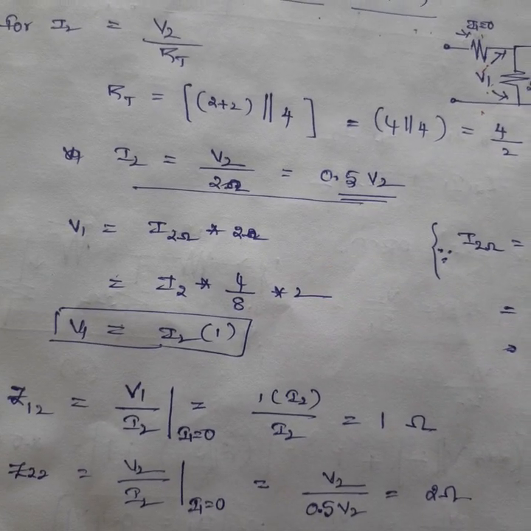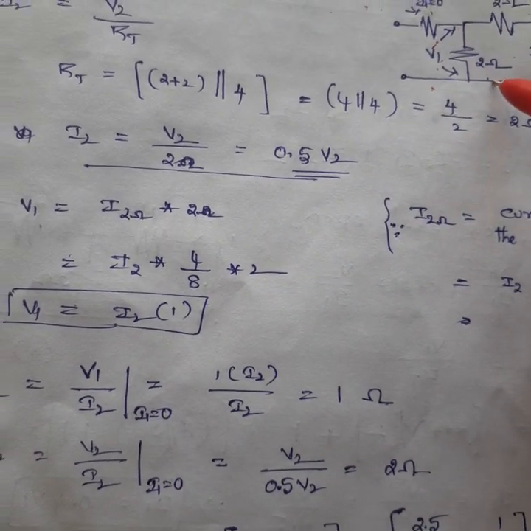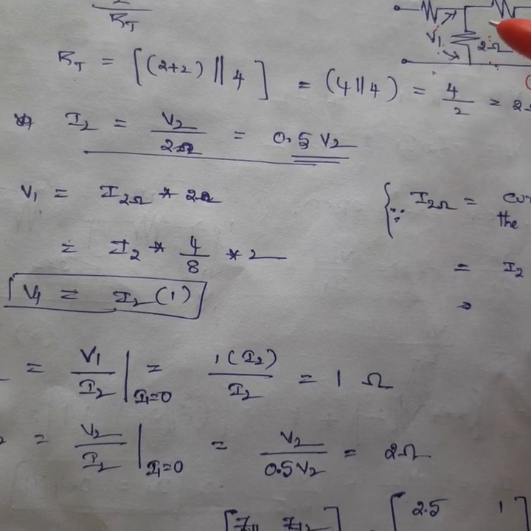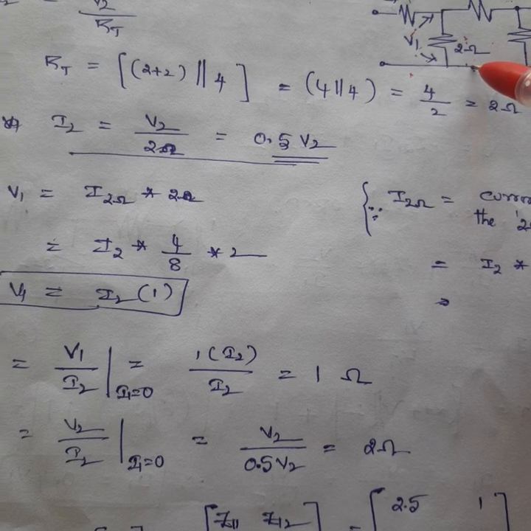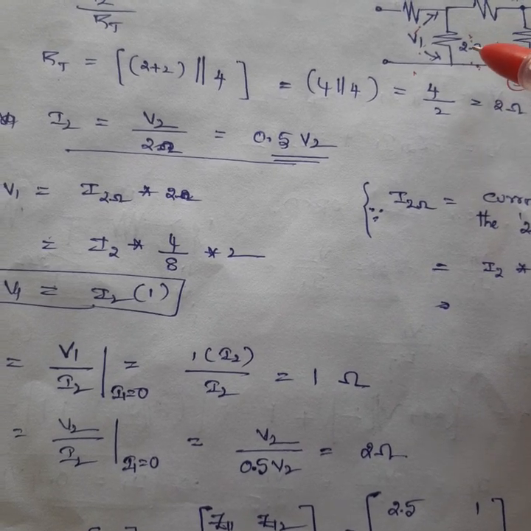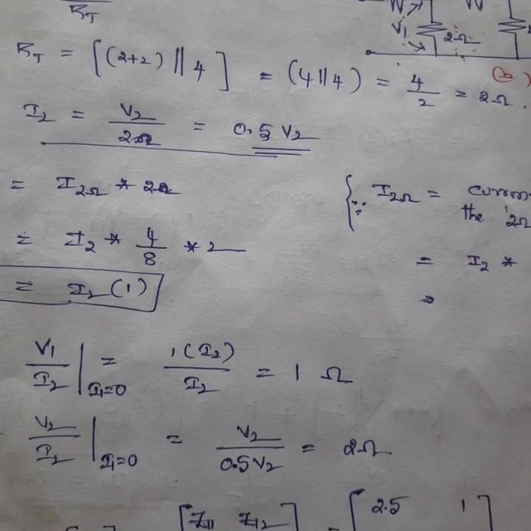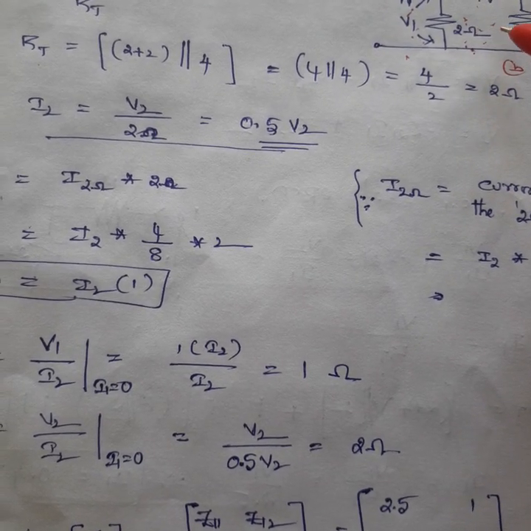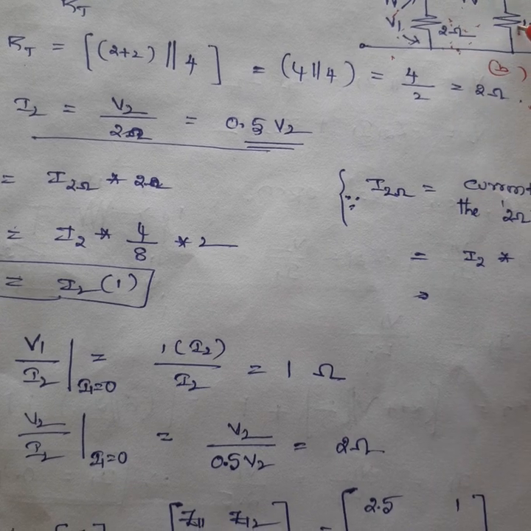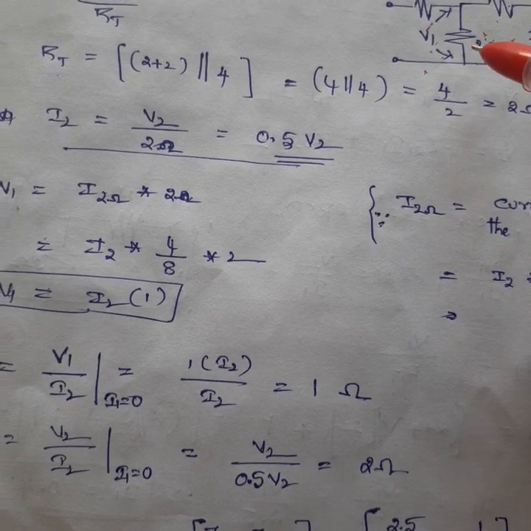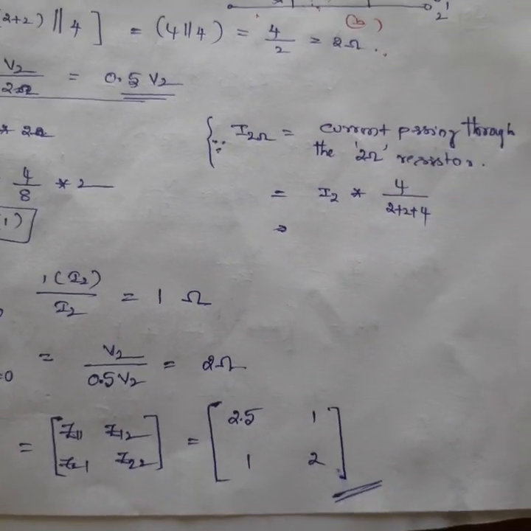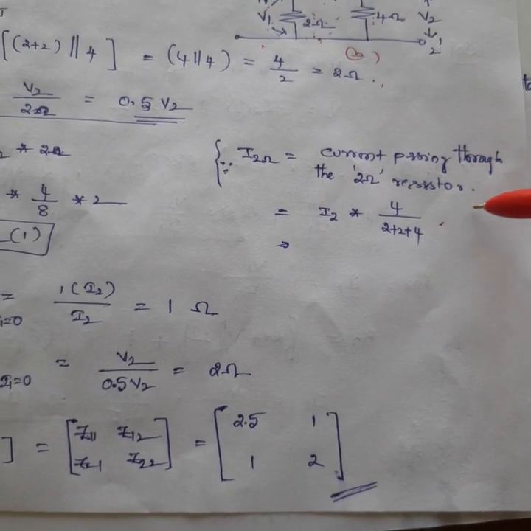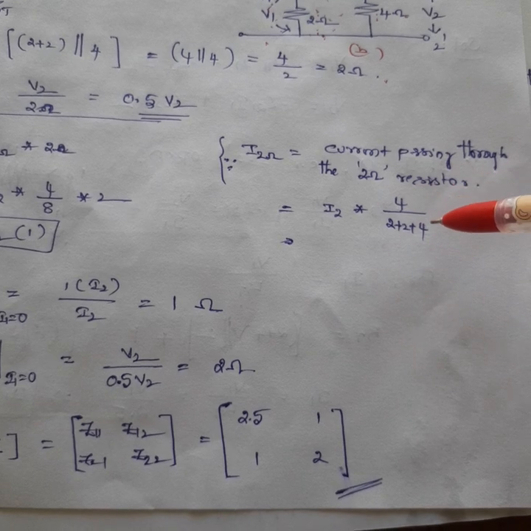Then again I calculate the voltage across the 2 ohms. The voltage across the 2 ohms, V1, equals the current in the 2 ohms into the resistor 2. The current in the 2 ohms is the total current I2 into the opposite resistance by the sum of the resistances: 2 plus 2 is 4, 4 plus 4 is 8, so 4 by 8. Using the current division rule again, the current through the 2 ohm resistor is I2 into 4 by 8.